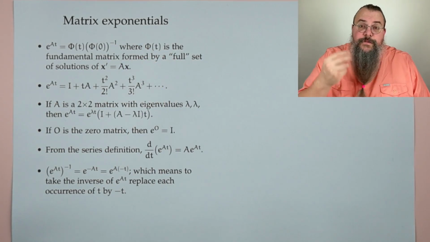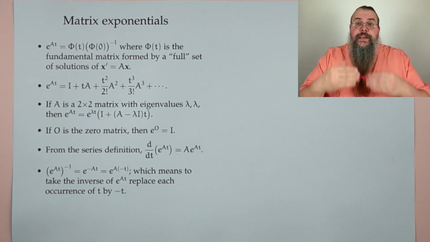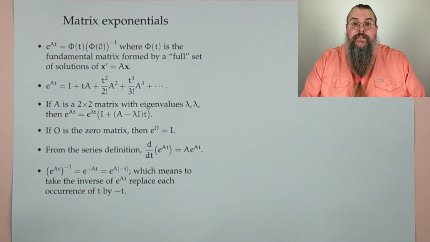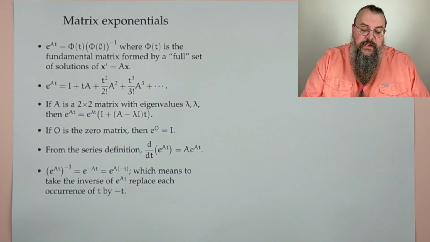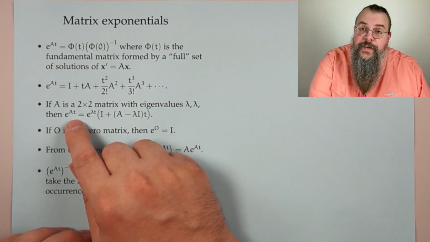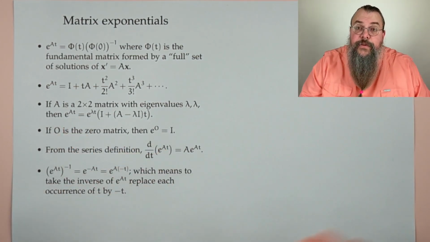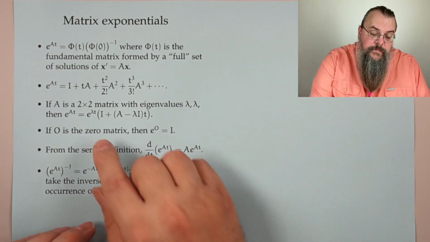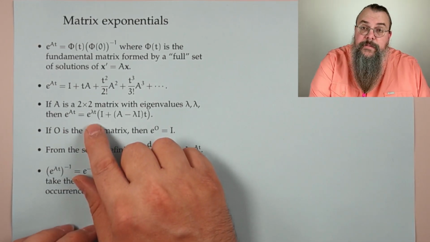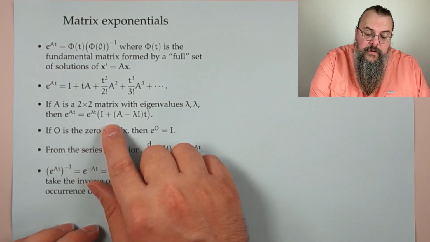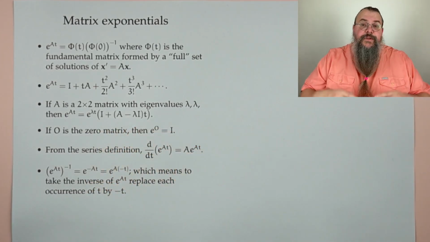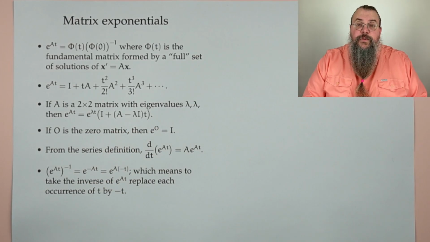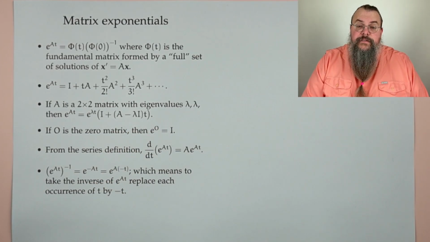And so we saw for 2 by 2 matrices, if we had repeated eigenvalues, so our eigenvalues were lambda, lambda, then we could actually compute e to the at very fast. And what is it? It's e to the lambda t times I plus (A minus lambda I) t. So this gives you a very nice, very quick way to work with repeated eigenvalues.